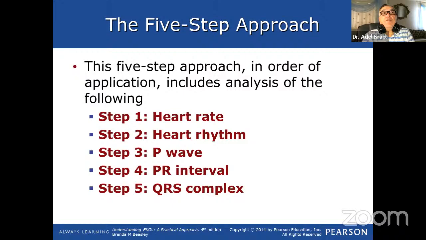If it increases or exceeds 100, we will put the word tachycardia. Tachy means fast, cardia means heart, so the heart is running faster. If the heart rate is less than 60, the opposite of tachycardia is bradycardia. Brady means slow, cardia means heart.